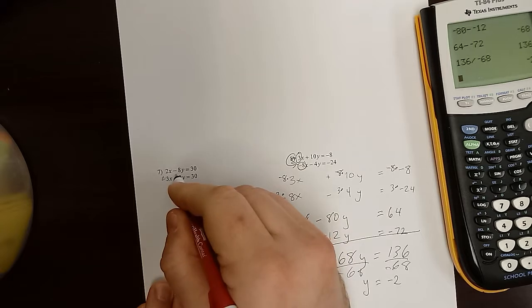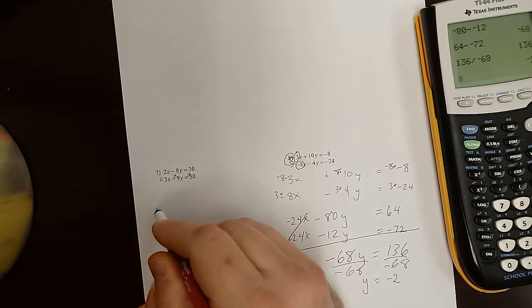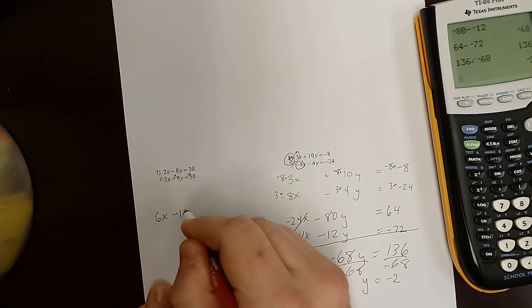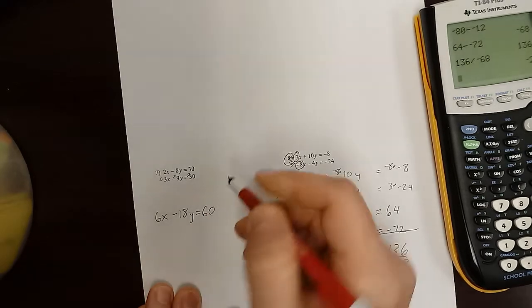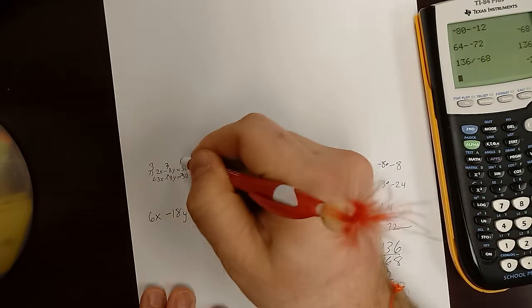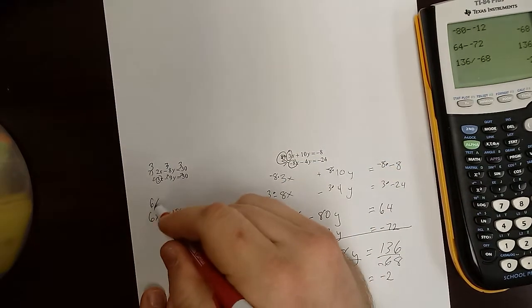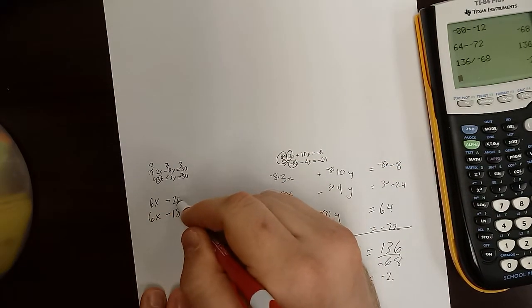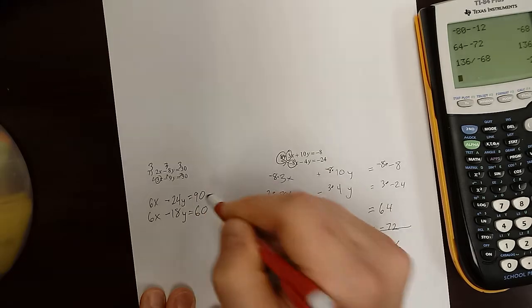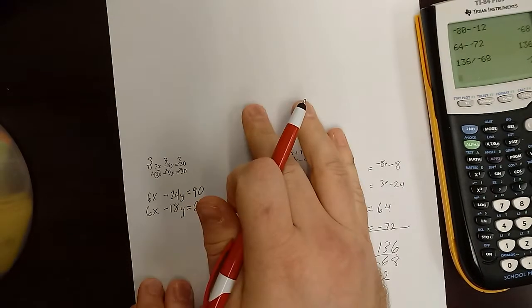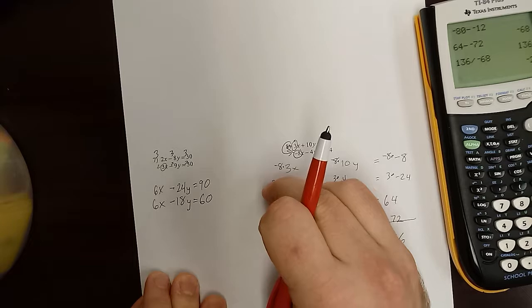So I'll do 2, 2, 2. I'll get 6x minus 18y is equal to 60. Here we'll do 3, 3, 3, because that was a 3 there. I'll get 6x minus 24y is equal to 90. It always works, every time.